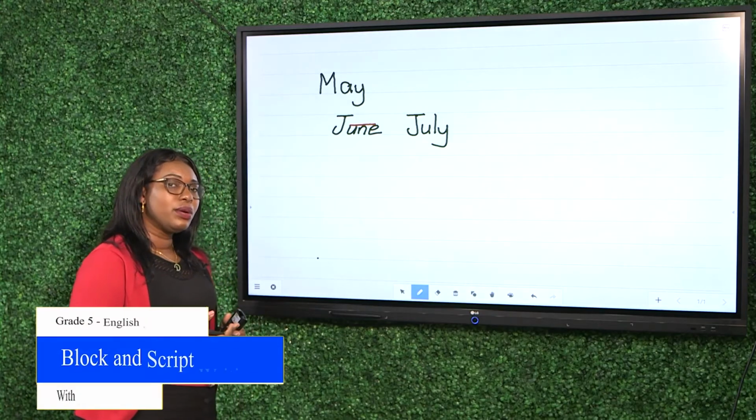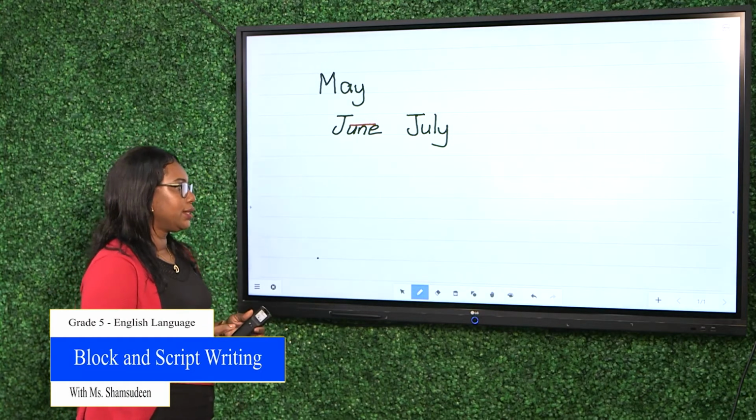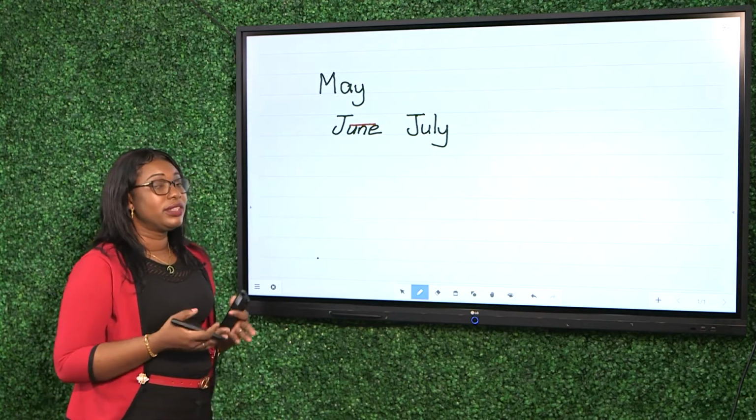Now there are some words that have double letters. Let's say words that have a double L, like the word wall. Now look carefully at those two tall letters, the double L. I ensure that both of the letters have the same height.